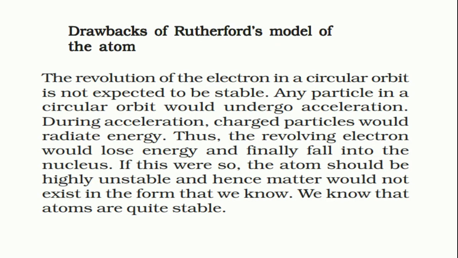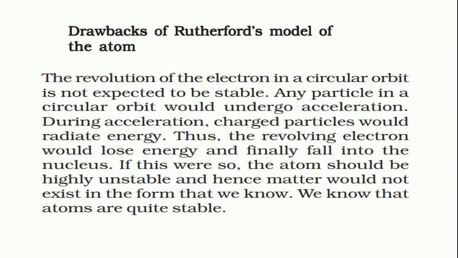Very good. So what did you understand, Sanjana? The drawback? So what was the drawback? The revolution of the electron is in circular orbit, ma'am. Yeah, it is not expected to be stable. Why is it not expected to be stable? Because when it is circulating, it will undergo acceleration.